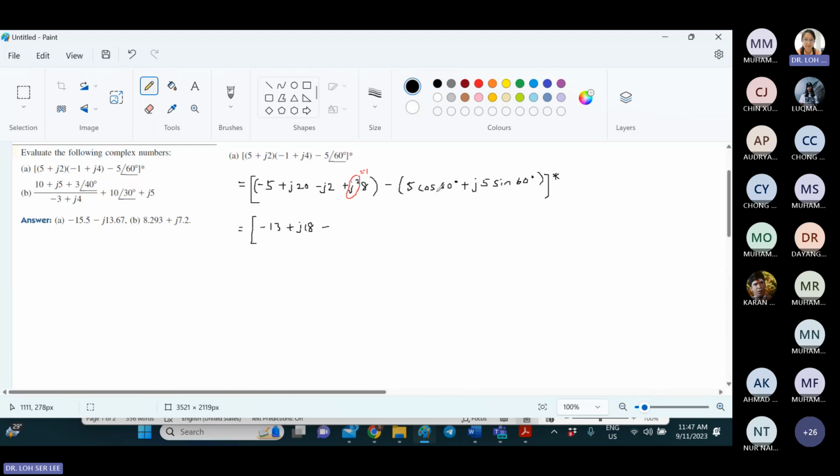Use your calculator. You will get 2.5 plus j, okay, 5 times sine 60, you get 4.33.